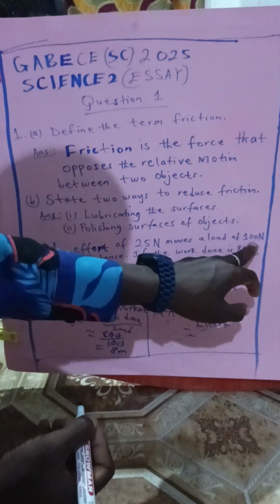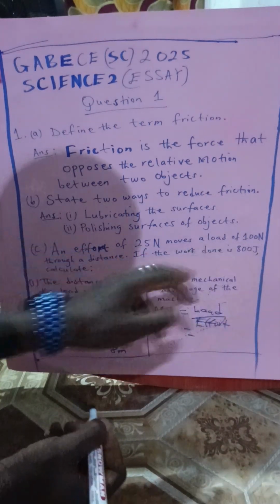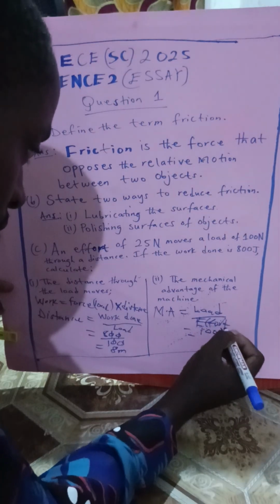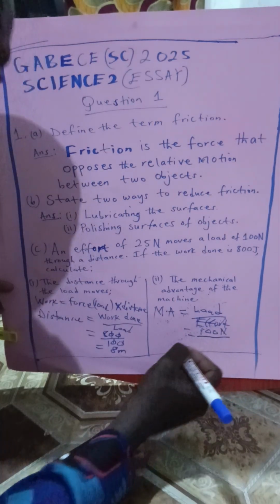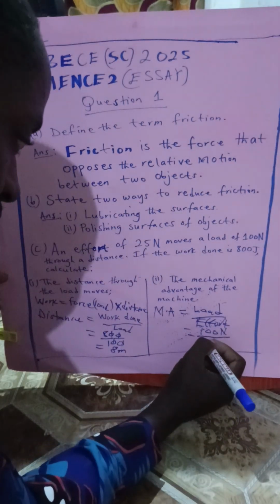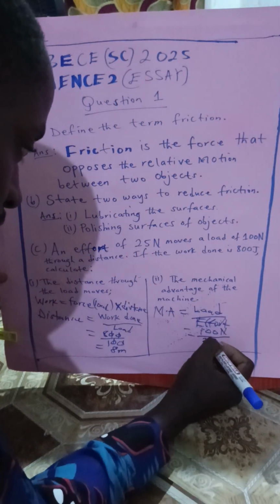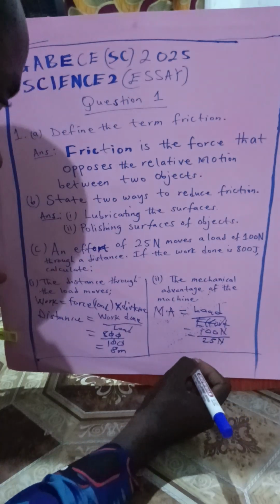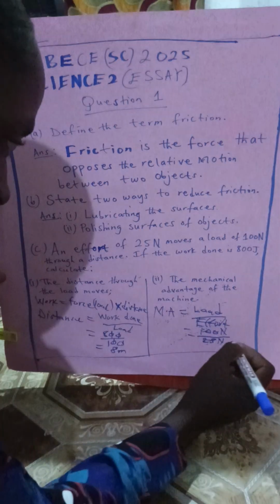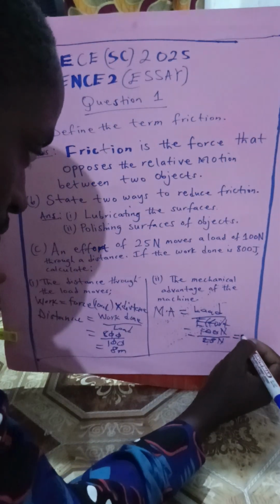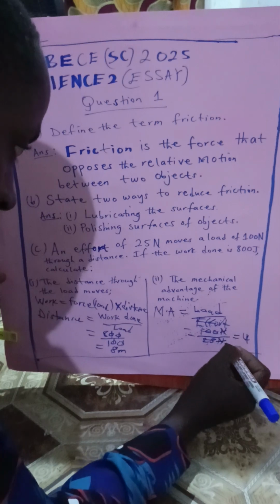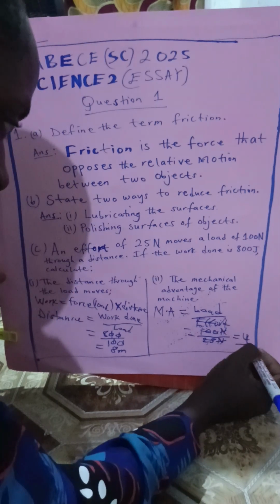From the question, the load is 100 Newton divided by what is the effort? 25 Newton. So here 25 into 100 is 4. So we'll have it as 4. It has no unit, mechanical advantage. This N will cancel this, so it has no unit.